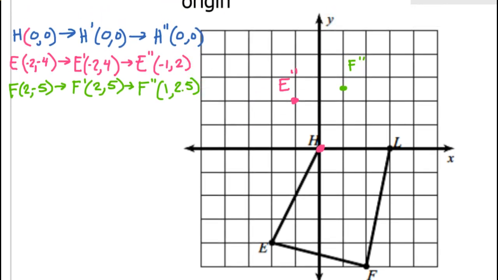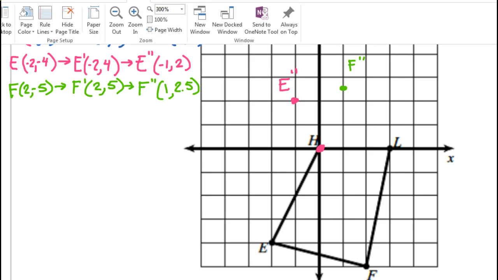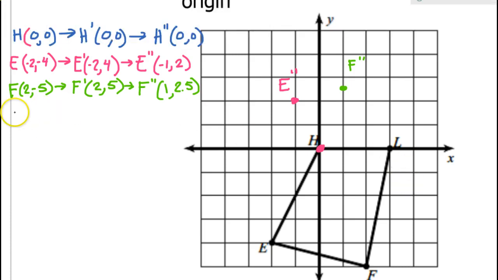And last but not least, we will do point L. Point L, the original point, is (3, 0). When we do the reflection over the x-axis to get L prime, the x value stays the same. The y value becomes the opposite, but the opposite of 0 is still 0. So that point did not move so far. That was our reflection over the x-axis, and it was on the x-axis, so it didn't move.